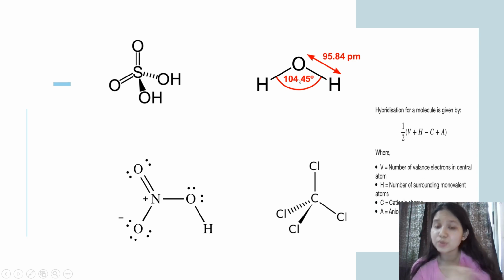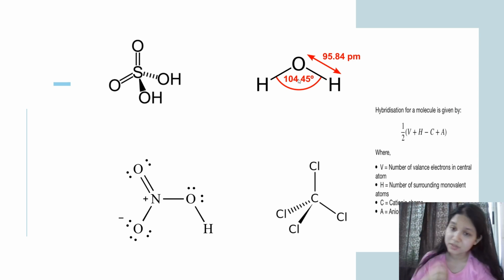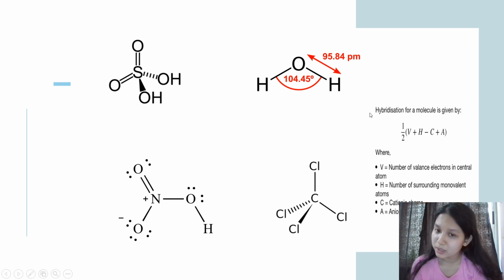Due to the repulsion between lone pair and bond pair electrons, the actual shape of the water molecule will distort from its ideal tetrahedral shape, and the shape of the molecule will be bent or V-shaped. Is it clear? I hope the geometry and shape of water is clear.